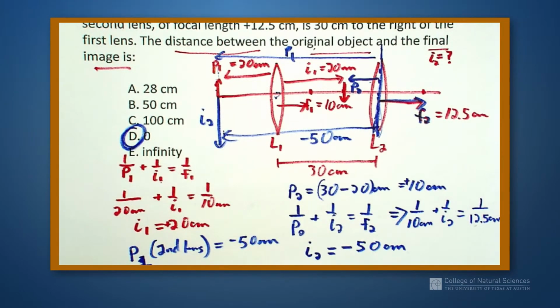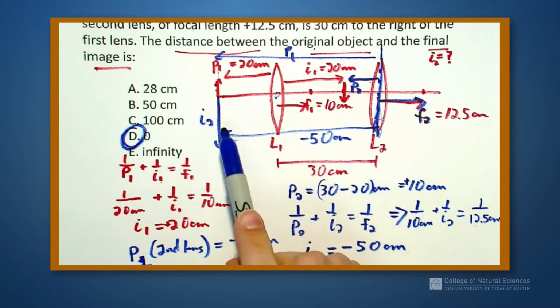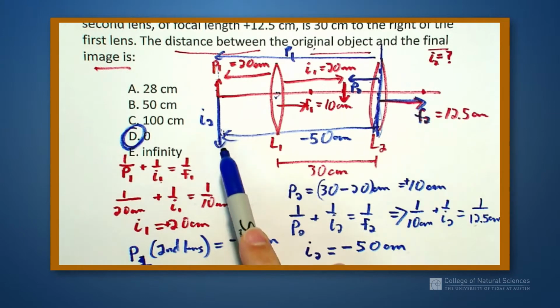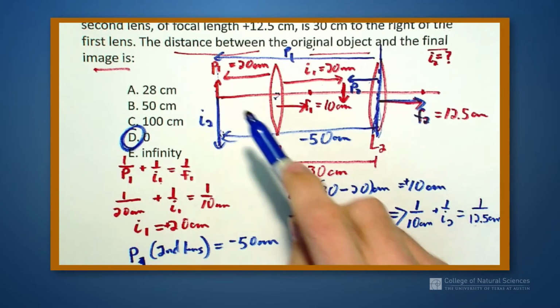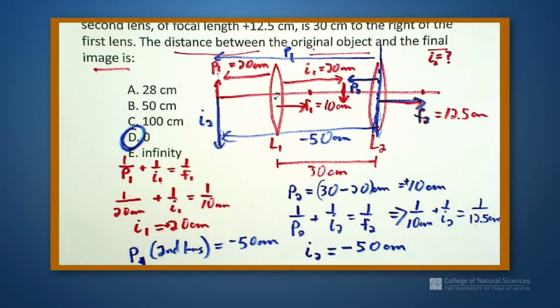It's kind of a weird case where the original object and the final image are at the same point, but it happens. One thing that changed because of these two lenses is that the image is going to be a lot bigger. It's going to actually be, I believe, 5 times larger than the original height of it, and it will be inverted.